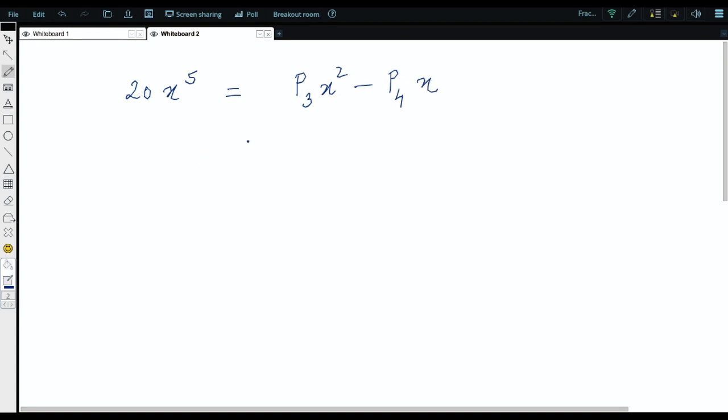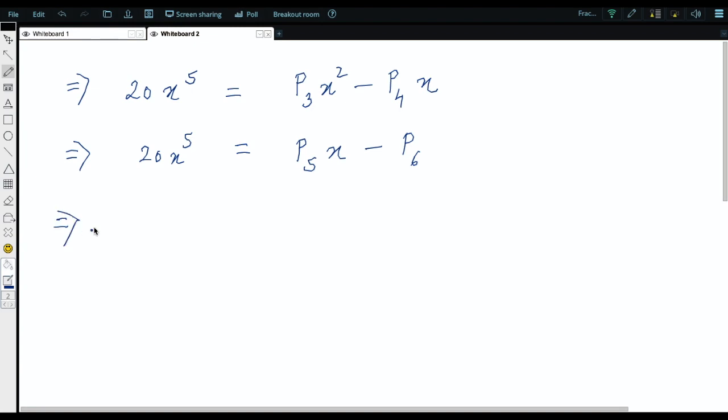And again, if we just substitute the value of x squared, we'll get this in the form of some p5x minus p6, where all those p_i's are rationals.